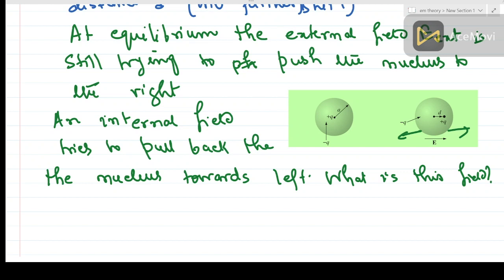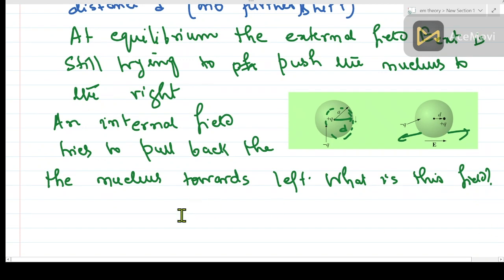Now at a distance d from the center of a uniformly charged sphere, try to understand the things properly. Initially this was the center, and now the nucleus has shifted by an amount d. So what will be the field at this point? You can calculate this, because you have studied electrostatics, and if you are not able, we will see how to calculate this in some other lecture.